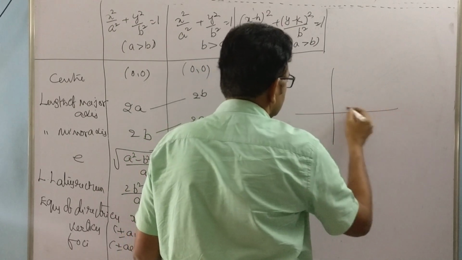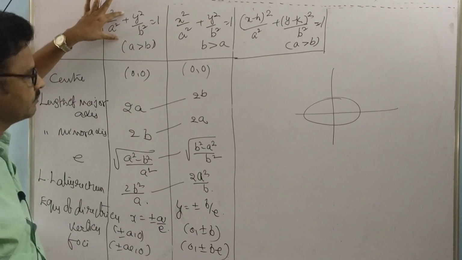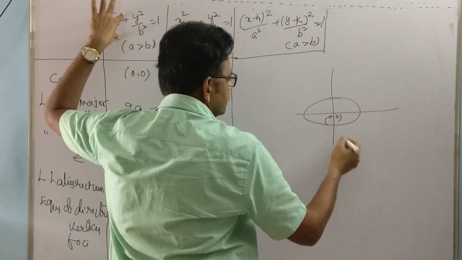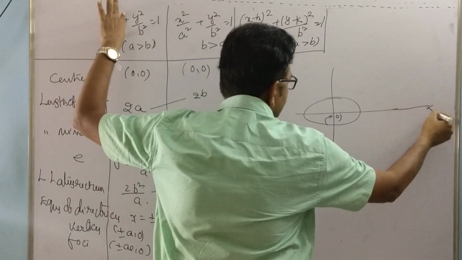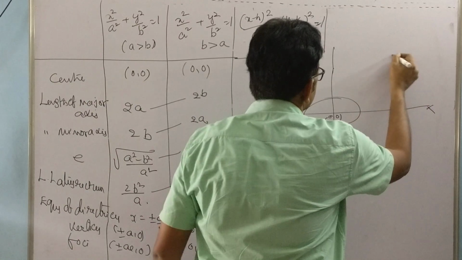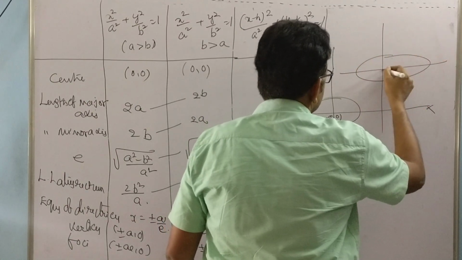This is the ellipse, first ellipse is this one, a greater than b. So center of ellipse is 0, 0. Now without changing the direction of axis, shift the origin to this point, this is h, k.